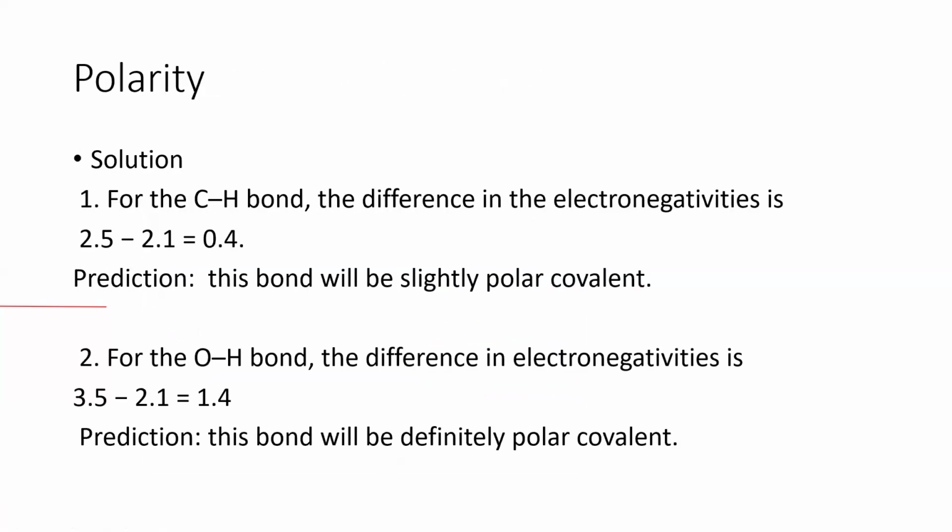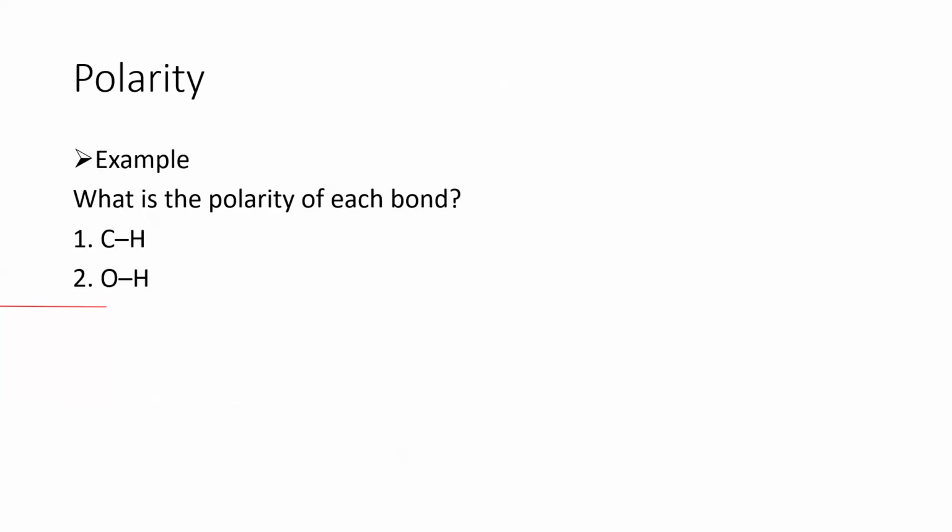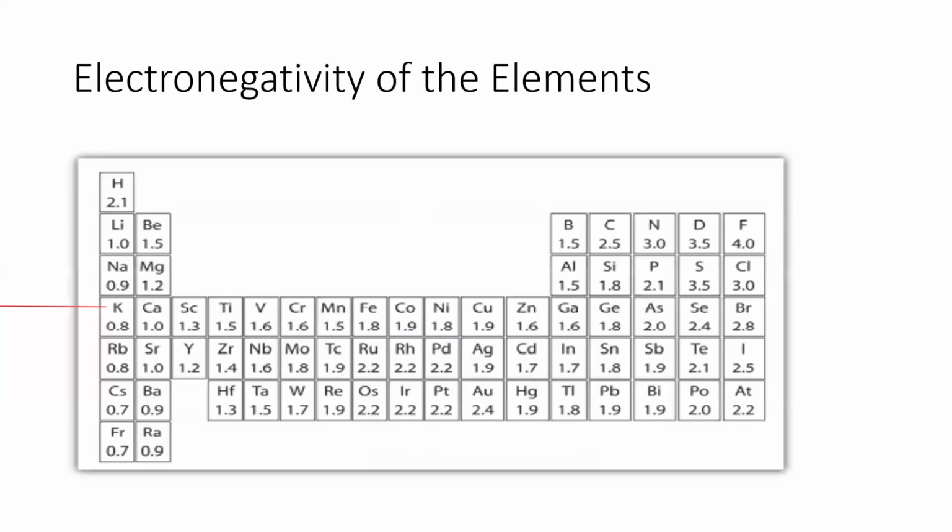Then we do the next one, hydrogen and oxygen. We know hydrogen's is 2.1 already. Then we look for oxygen, which is 3.5. Go to the chart and look for oxygen. Oxygen is hiding somewhere. This is supposed to be oxygen, it's just 3.5.